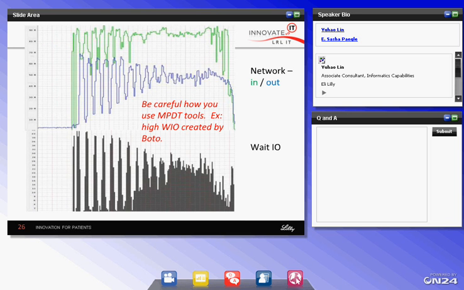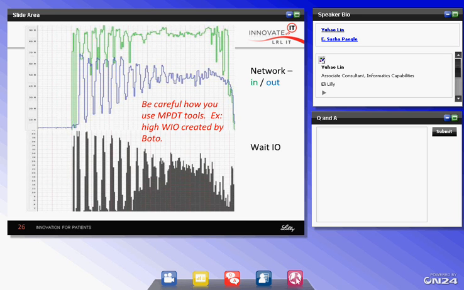Okay, this shows the wait I/O when I'm uploading data to Amazon S3 using Boto. So this again is just a kind of a side effect, if you will. You probably can't see this, but the top of the wait I/O, the black bars, is about 40%.